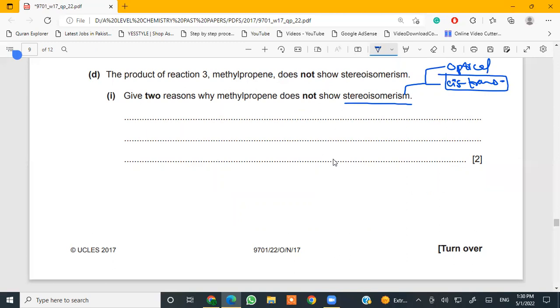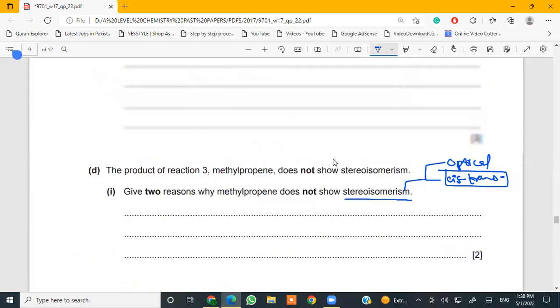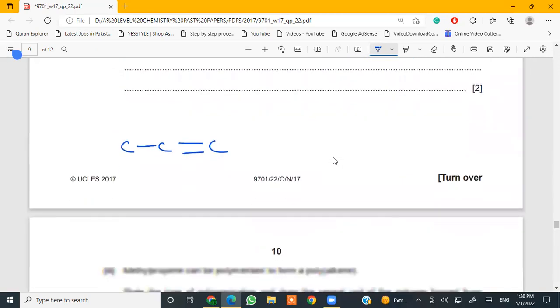Okay, so they must be talking about the cis trans isomerism. So let's just look at it. Methylpropene: prop 1, 2, and 3. So this is propene, and this is the methyl group over here, and this is the name methylpropene. Look at the carbon atoms over here.